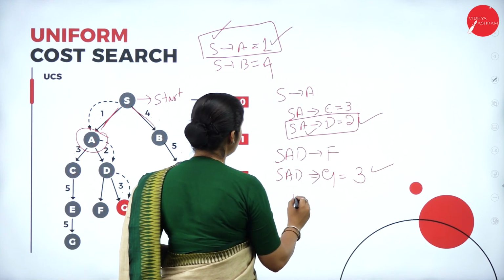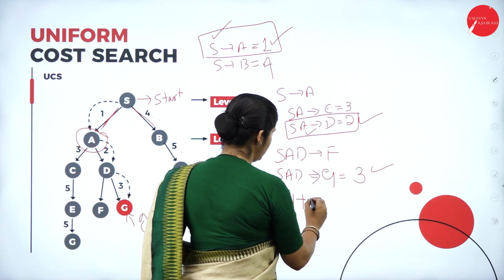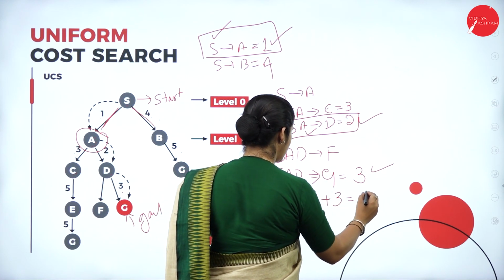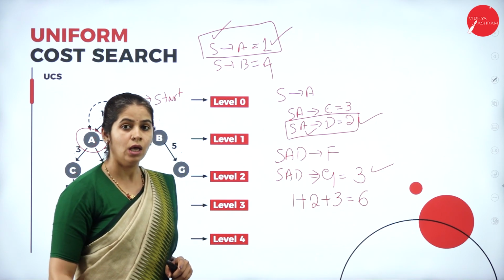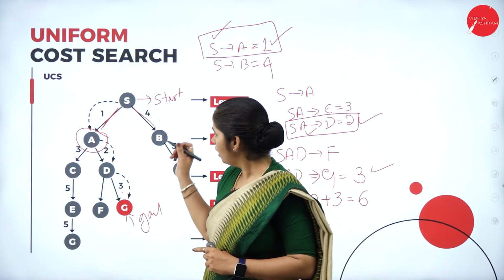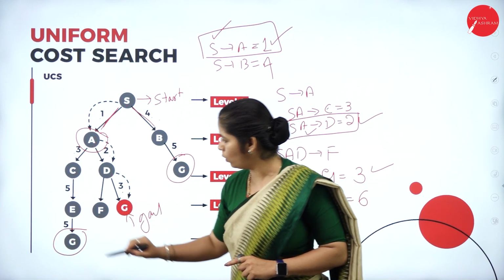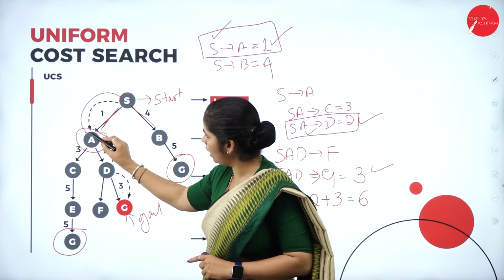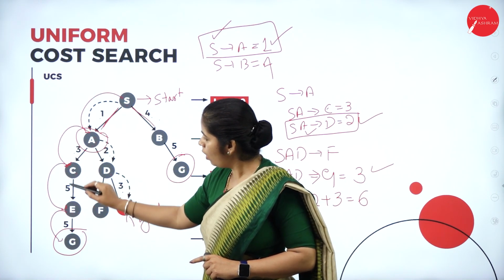From S to A, 1. From A to D, 2. From D to G is 3. What is the cost I am getting? Total cost is 6. So this is one way I can reach the goal state. Here also we have a goal state, right? If I take this path from S to A to C, C to E and then to the goal, what is the cost?